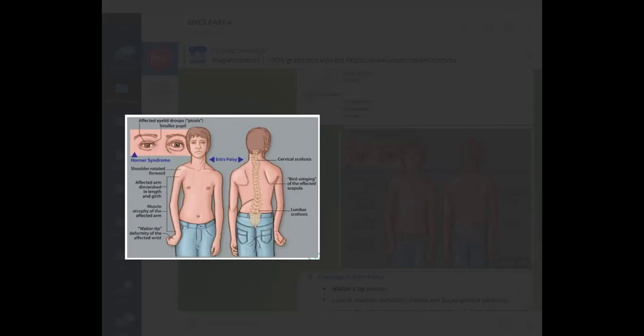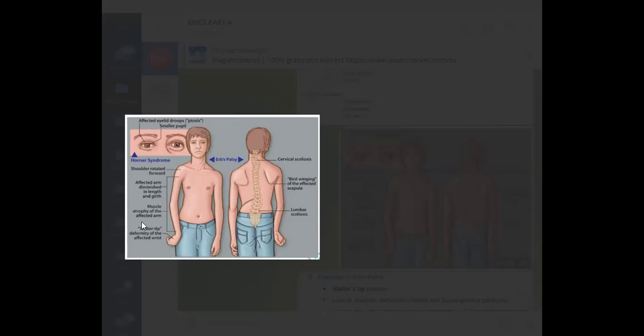Once more, the involvement looks like flexion of the wrist at the wrist joint, leading to the waiter's tip position. There is loss of shoulder abduction, as deltoid and supraspinatus are paralyzed. There is loss of shoulder external rotation, as infraspinatus and teres minor are paralyzed.